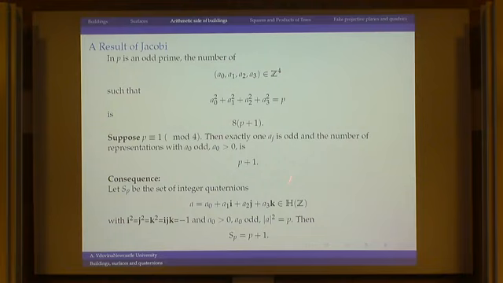The result is very old and classical, but there is a consequence for integer quaternions. So now let's look at quaternions, and these are the quaternionic relations. Let's look at this set S_p, and this is exactly p plus 1. It's an elementary exercise in number theory.